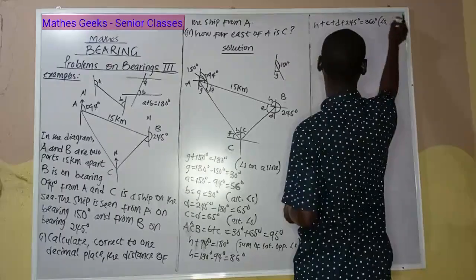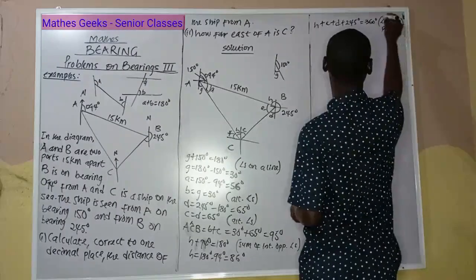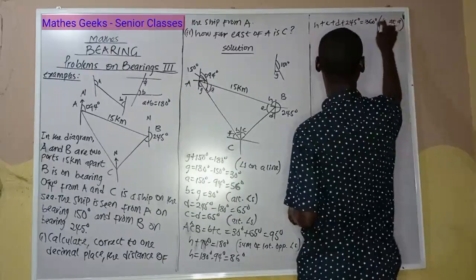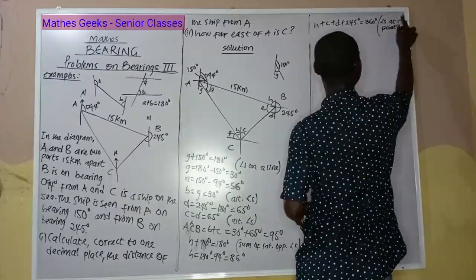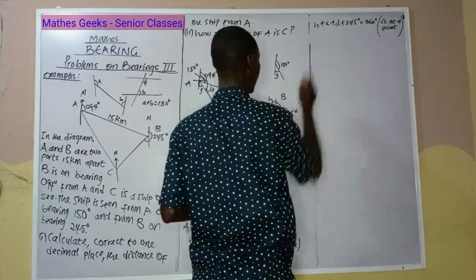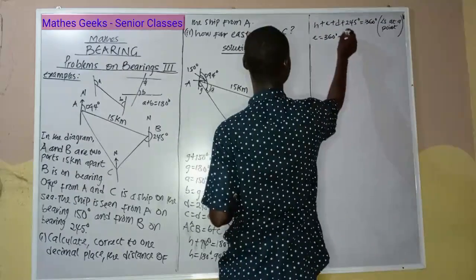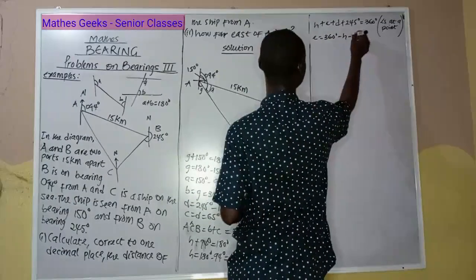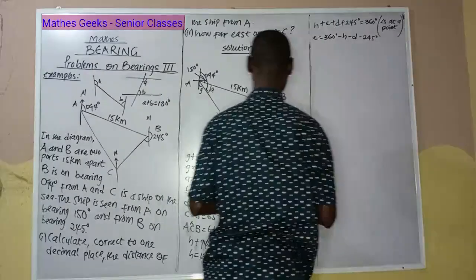Why? Angles at a point. The next is to look for the value of E. So E is equal to 360 degrees minus H minus D minus 245 degrees.